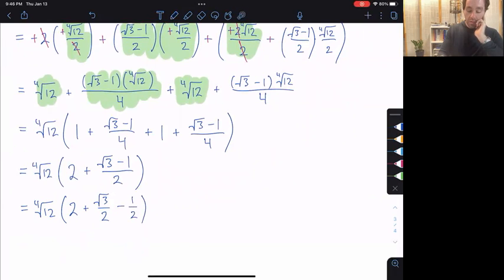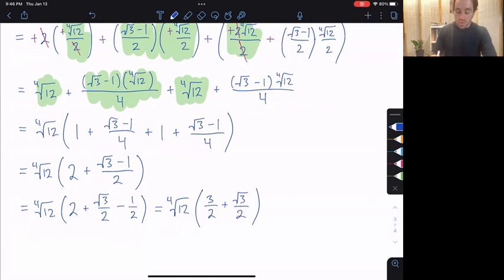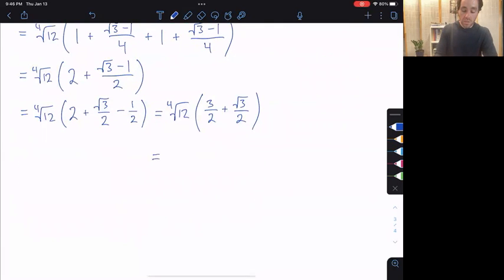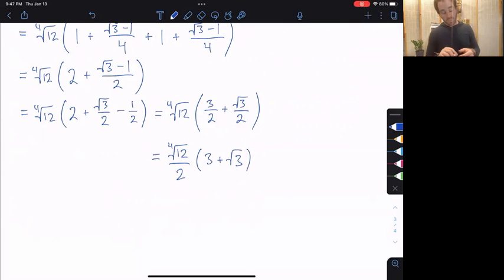If I do 2 minus a half, that's 4 halves minus 1 half, that's 3 halves. And I get 4th root of 12 times 3 halves plus root 3 over 2. And if you really want to do as much factoring as possible, you can get this out to 4th root of 12 over 2. That's taking these out, times 3 plus square root of 3.